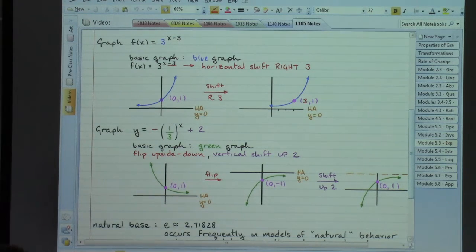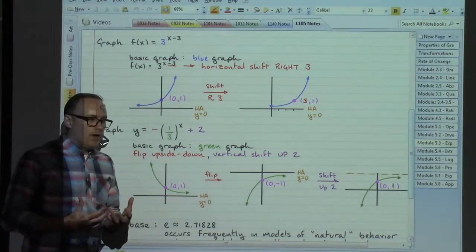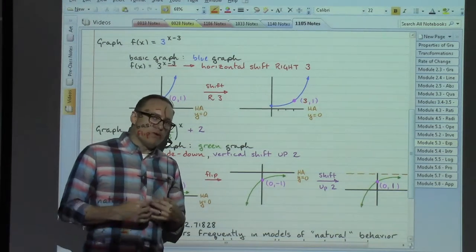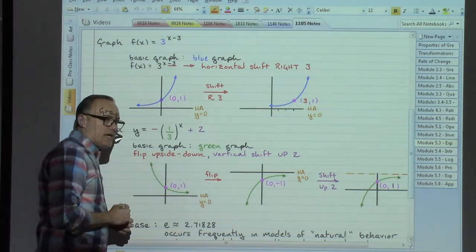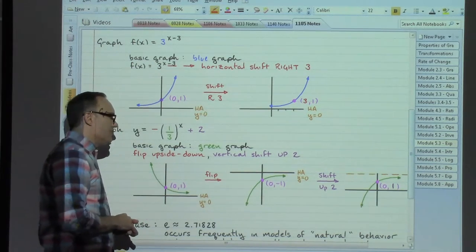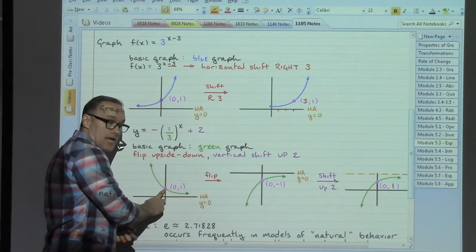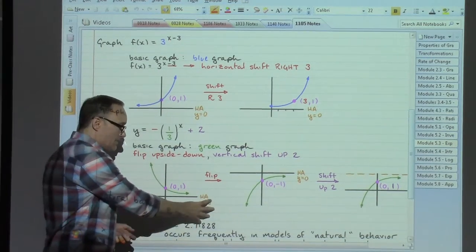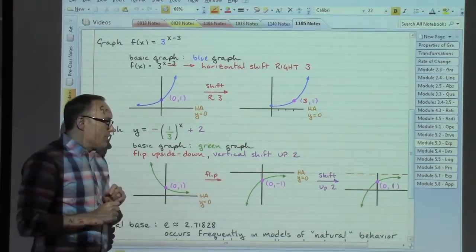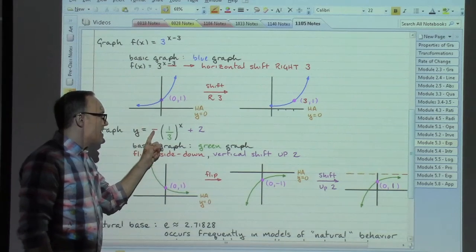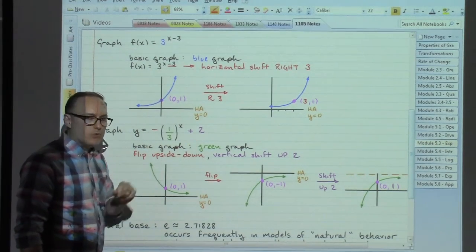What we are doing is we are going to be working where we keep in mind the order of operations. Our base is 1/3, so we're going to start with that green graph as our basic shape, and it's that same y-intercept 0, 1, it's that same horizontal asymptote y equals 0, and the order of operations comes into play with the fact that we've got these changes with the negative and with the +2.